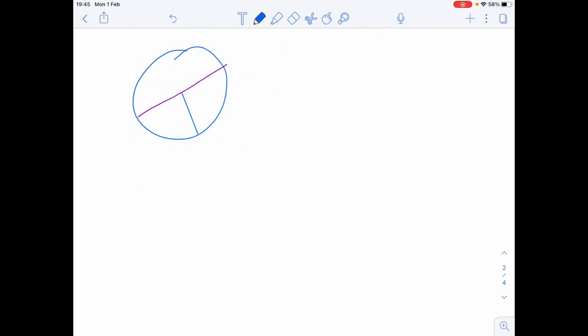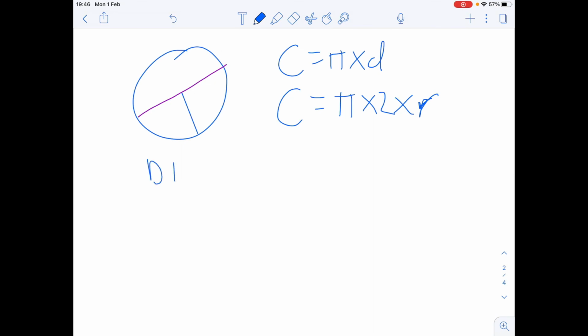We learned the formula that the circumference equals pi times diameter, or if I don't know the diameter but I know the radius, the circumference is pi times 2 times r, because the diameter is double the radius.